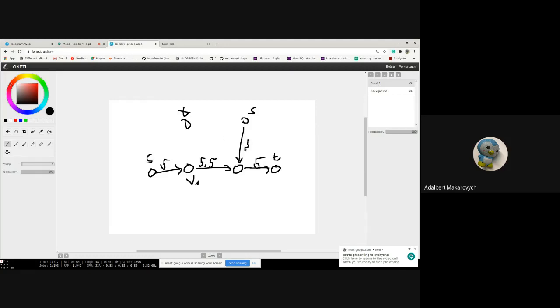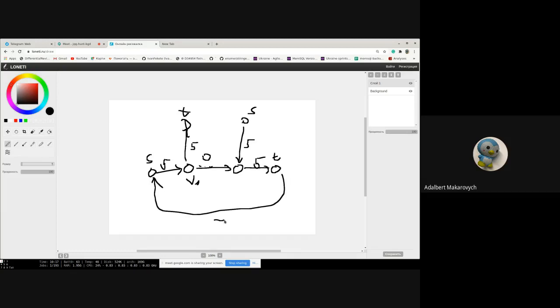Here will be 5. Here will be 5. Then here will be 0. Here will be 0. And here will be infinite. And we can pass the flow through this cycle, here, here, here, and here.